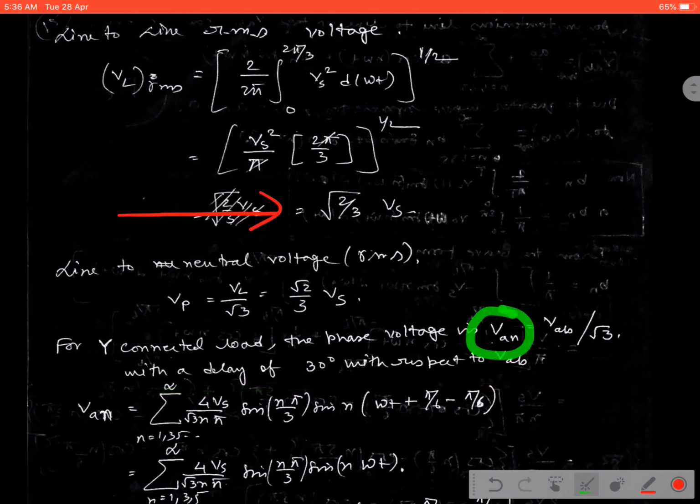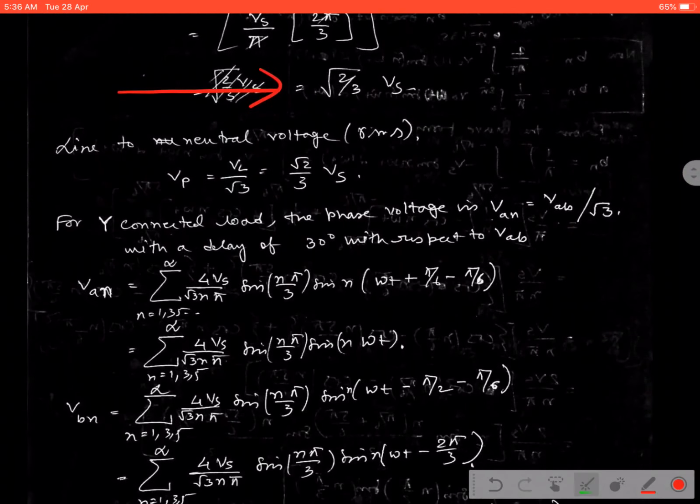That means VAN will be 1 by root 3 times the line voltage and 30 degrees lagged, due to which we can write the expression in this way.